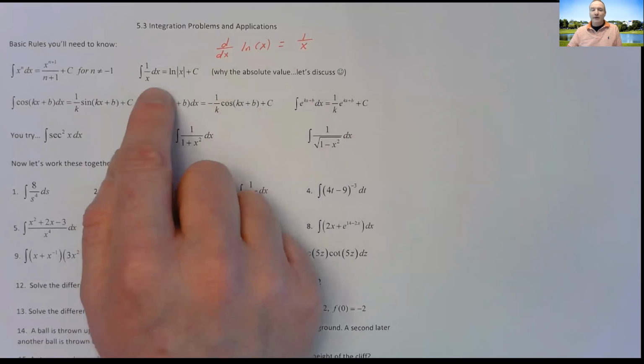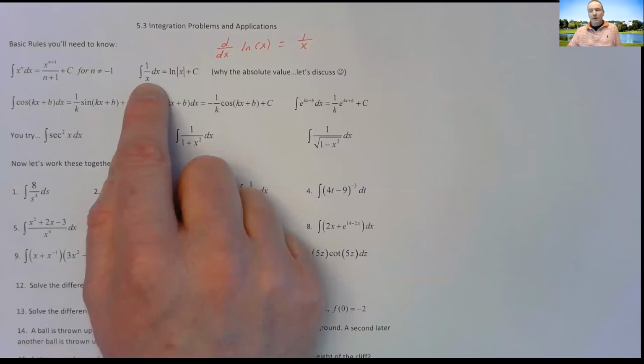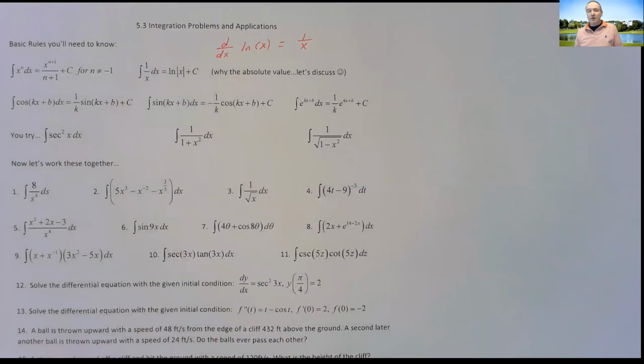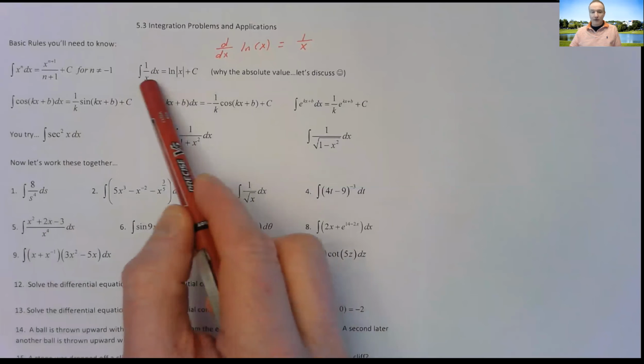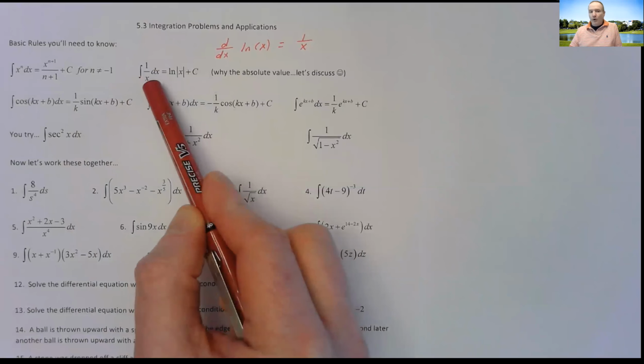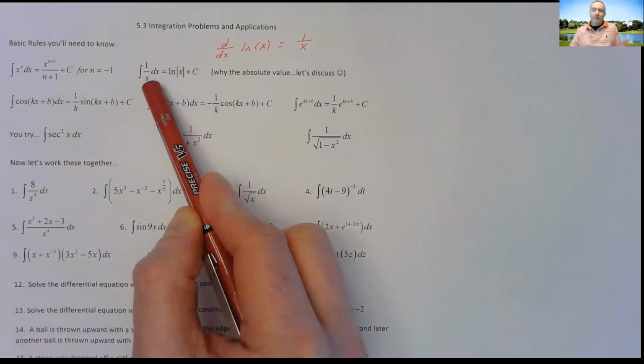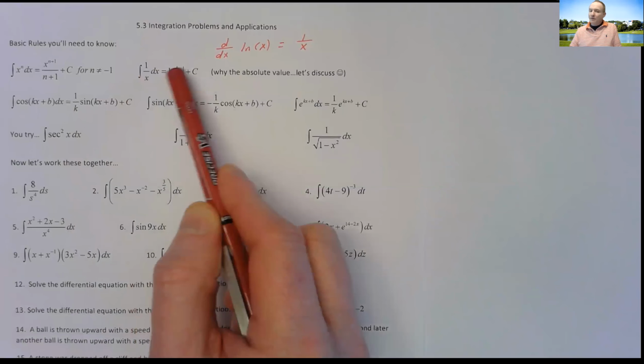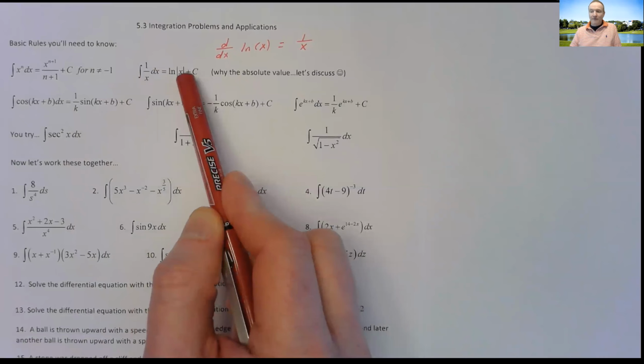But now down here, if our original problem is 1 over x, you know that the only domain restriction on that x is that x cannot equal 0. 1 over 0 does not exist. But 1 over x would exist no problem if x is negative or if x is positive. Well, the answer would not exist if x is negative.